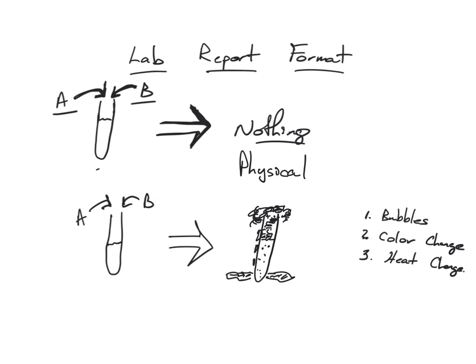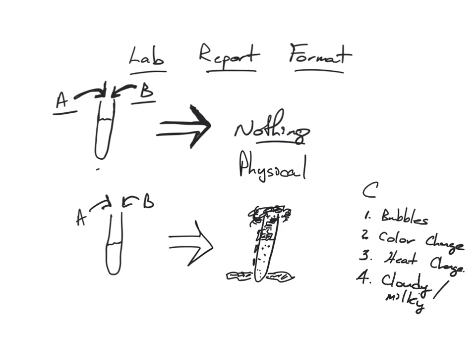So these are all signs of a chemical reaction. If you mixed them together and all that happened was one dissolved and nothing really happened. Or somebody else, I think, noticed that it became cloudy, milky. What was that about?